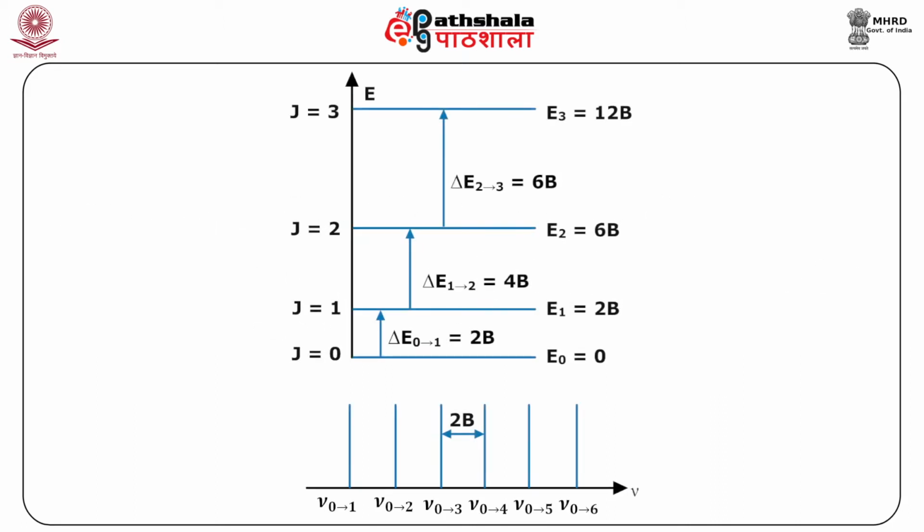This is shown in figure 1, where we have shown the rotational energy levels and the possible transitions between them. For J is equal to 0, the rotational energy is equal to 0. When J is equal to 1, the energy is equal to 2B, and similarly as you keep on going up, J is equal to 2, it is equal to 2 into 3, or 6B, and for J is equal to 3, it is 3 into 4 or 12B.